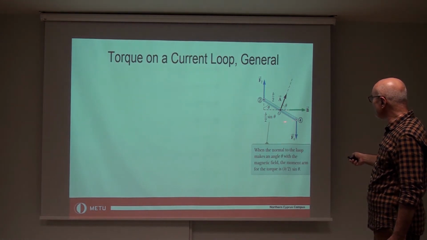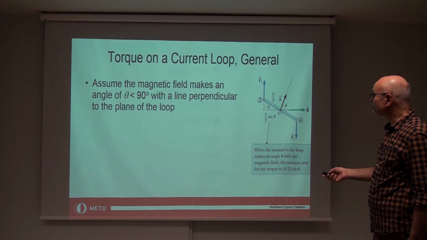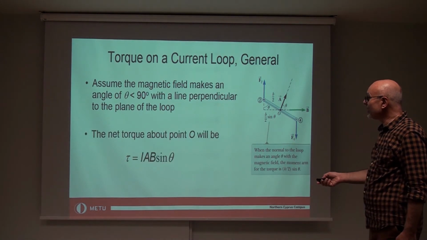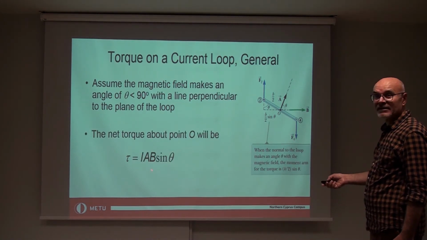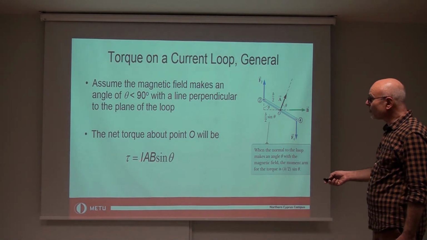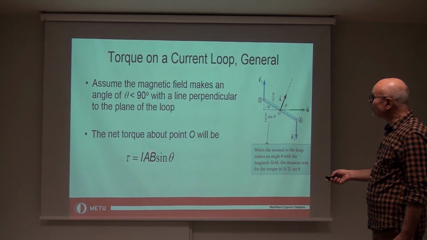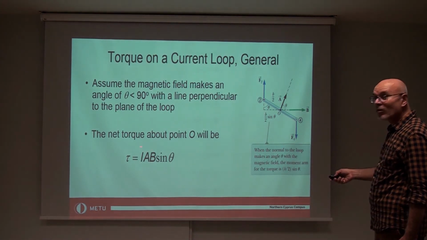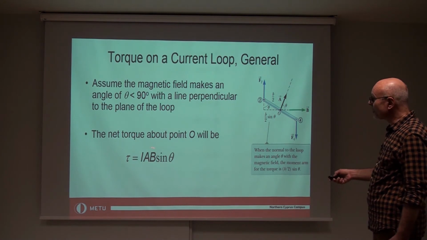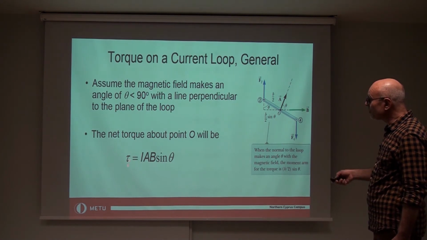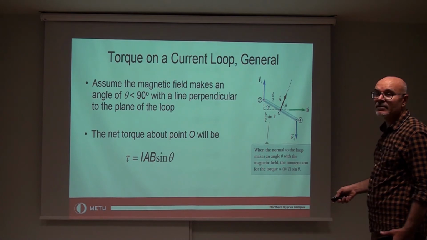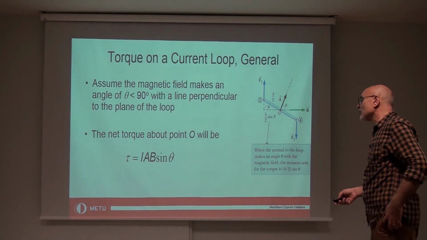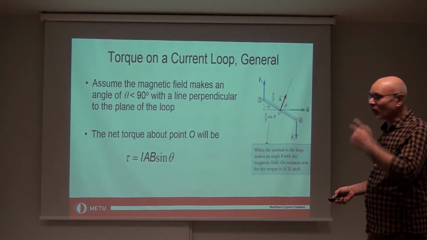It is b over 2 sine theta, and therefore the torque will be IAB sine theta. Why is this? Because A here is just ab, but we had b over 2 sine theta and b over 2 sine theta, so we get small b sine theta, and the whole thing reduces to tau equals I times A times B times sine theta. So this is the torque.